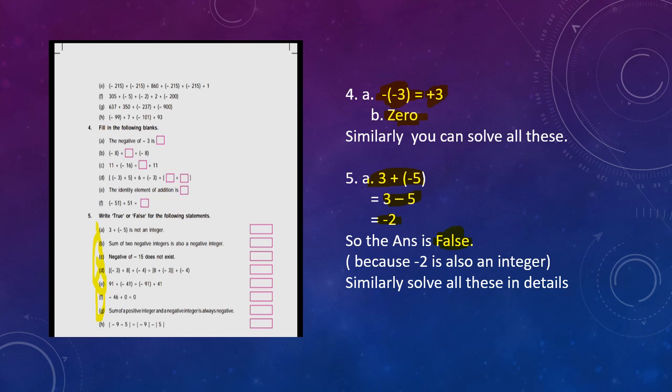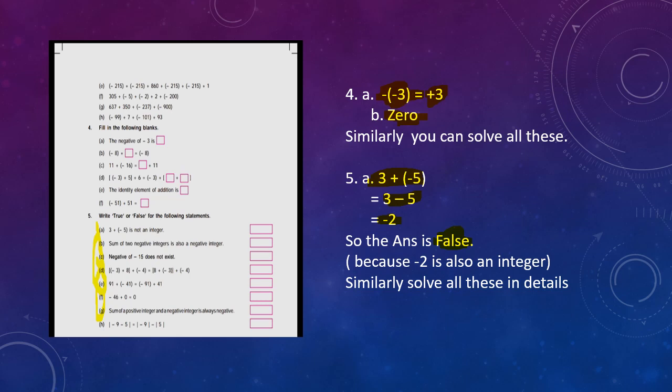Similarly, you can solve all these questions with the help of the properties of integers, but don't try to solve these questions in a short method. Please solve them in detail, first find the answer, read the answer and understand the property of the answer.